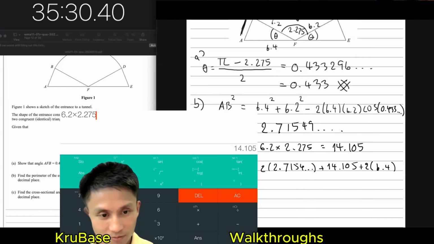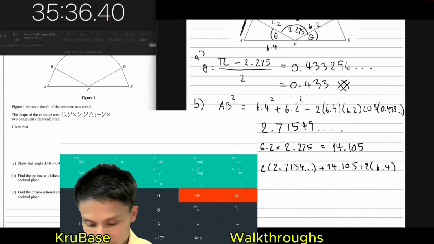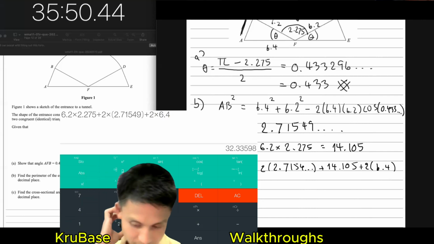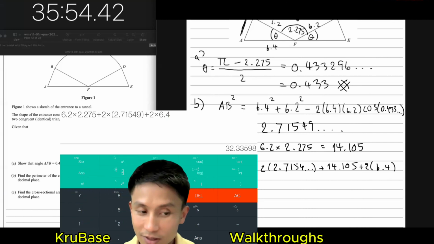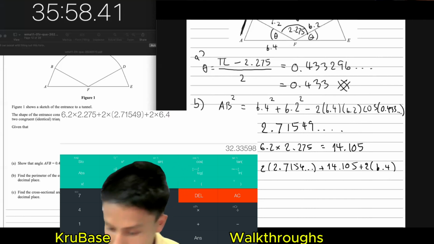So I'm going to do that plus 2 times brackets 2.7154. Then add another 19 just to be safe. And plus 2 times 6.4. See if I put everything right there. Yeah, I think so.